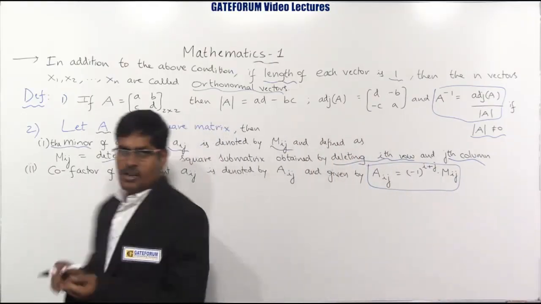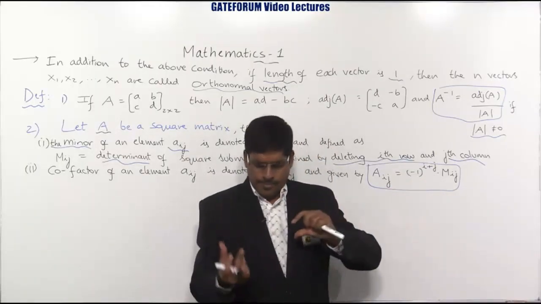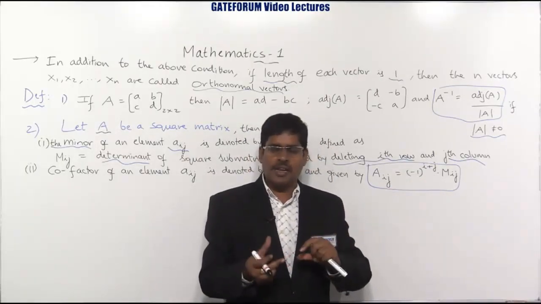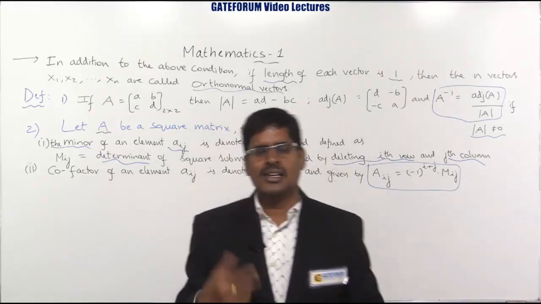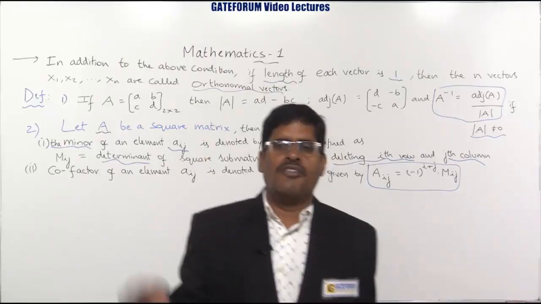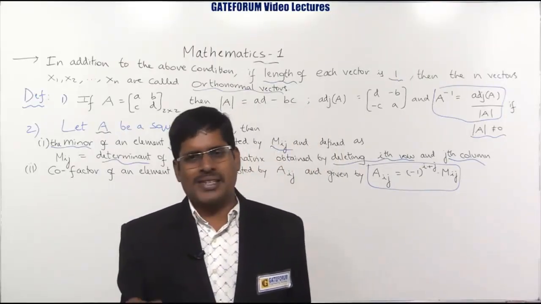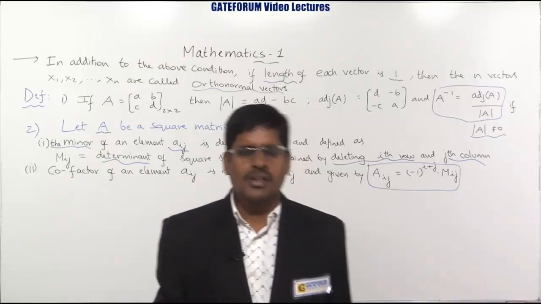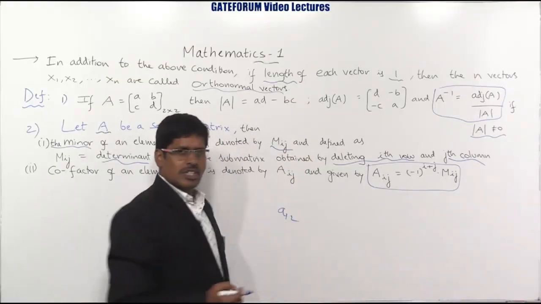So the cofactor of an element is denoted by capital Aij, which is nothing but the minor of that element multiplied by the proper sign. What is minus 1 whole power i plus j? It gives either minus 1 or plus 1. For example, if I take A12, i value is 1 and j value is 2.